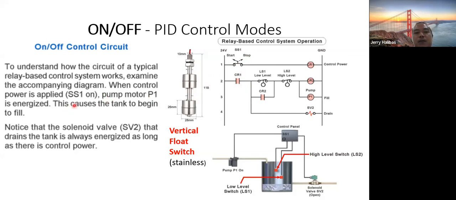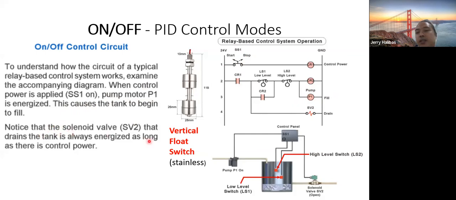Okay, so take note. When the control power is applied on selector switch 1, the pump motor P1, meaning its control coil, perhaps your contactor, is going to be energized. So this causes the tank to begin to fill.